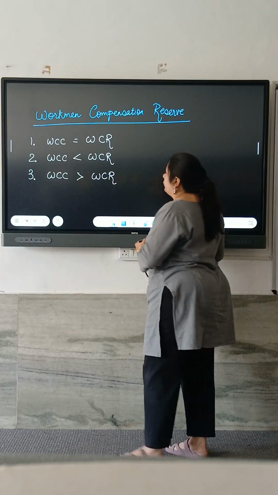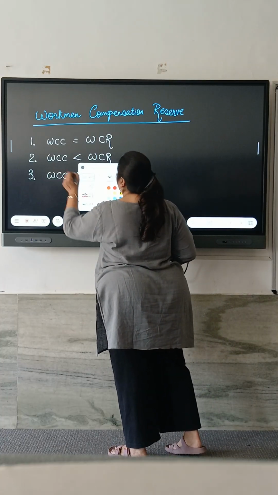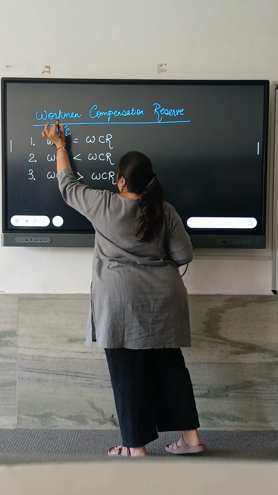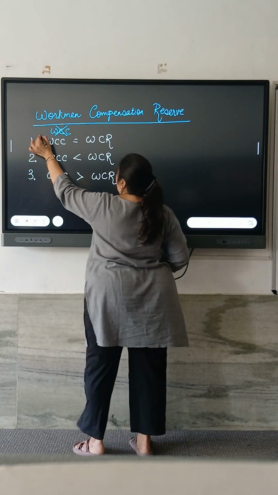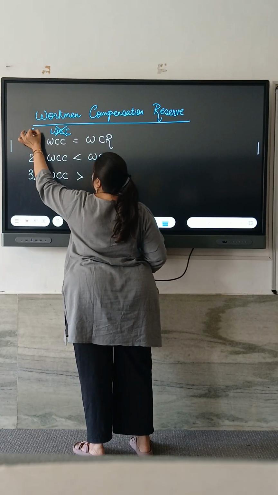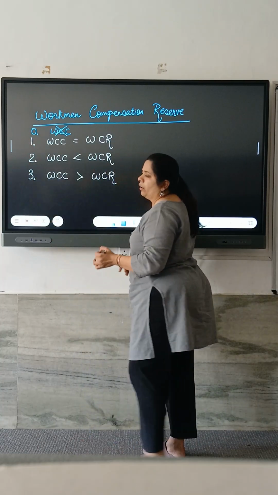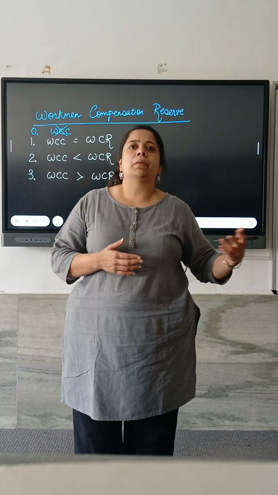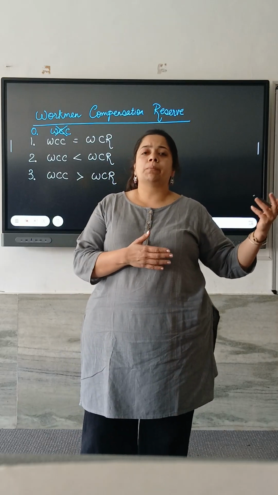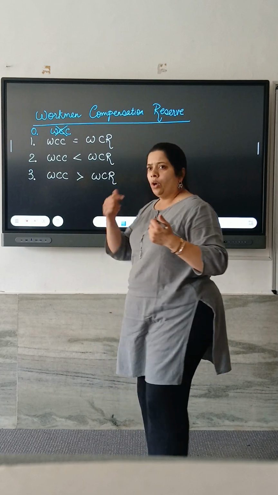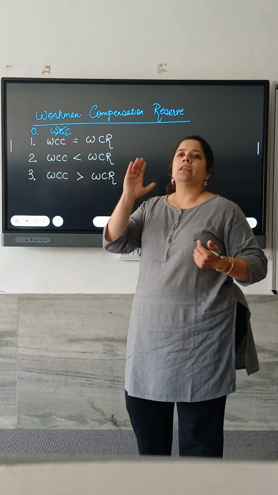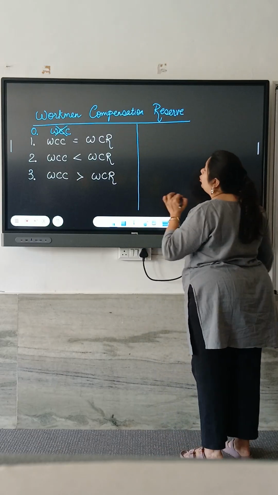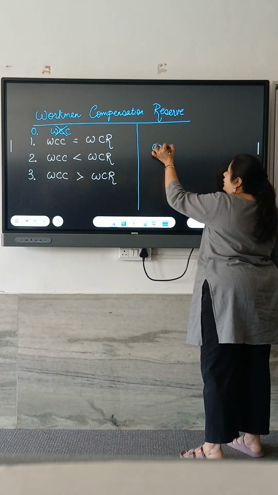So let's first assume that the workman compensation claim is not asked for by the workers. You have the reserve which you have created, but workers are not asking for the claim. So in that case, what is to be done? How do we treat the reserve which you have set aside?